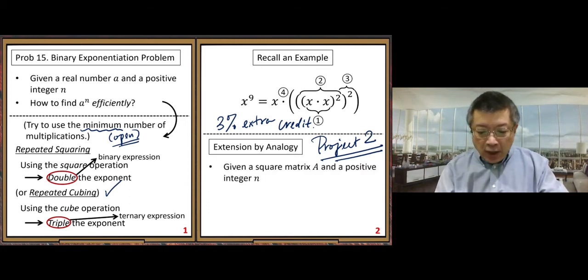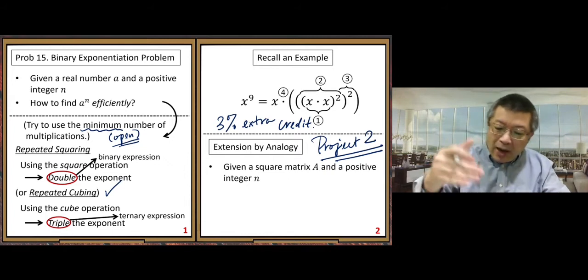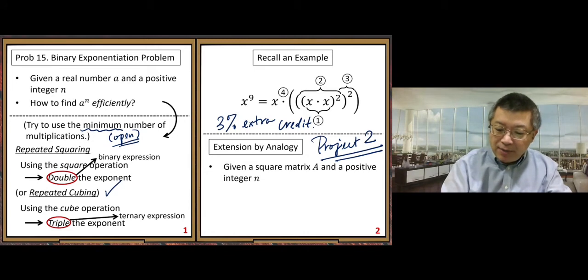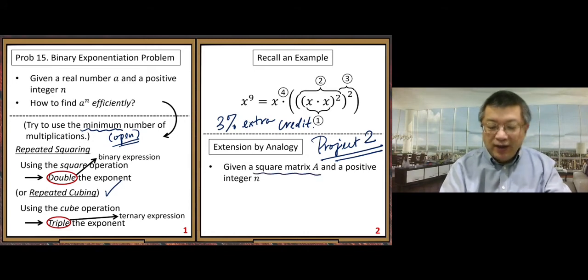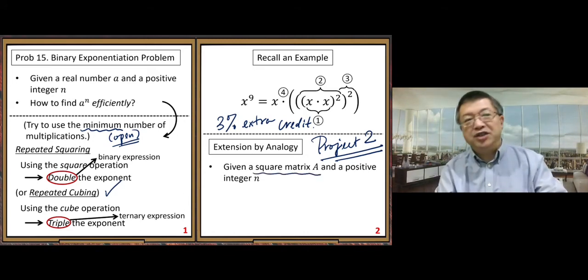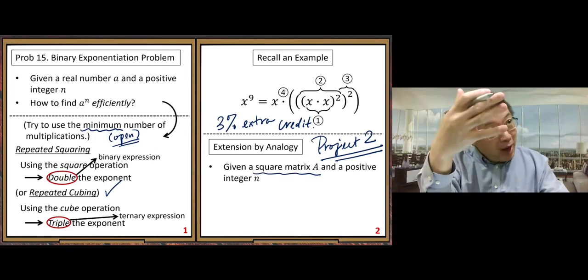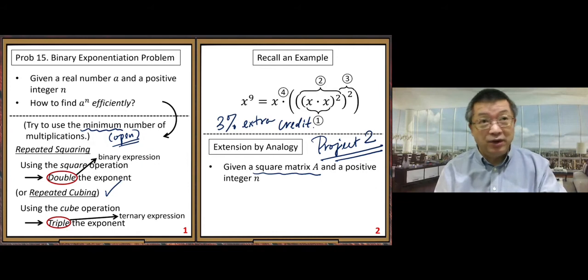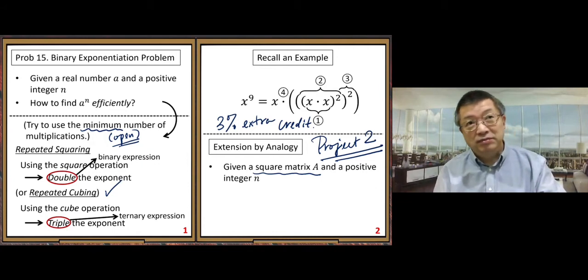All right. Extension by analogy. Given a square matrix A, capital A, here we move to our project 2. We need to apply it on a square matrix A, not rectangular. For a rectangular matrix, it won't work for this situation.